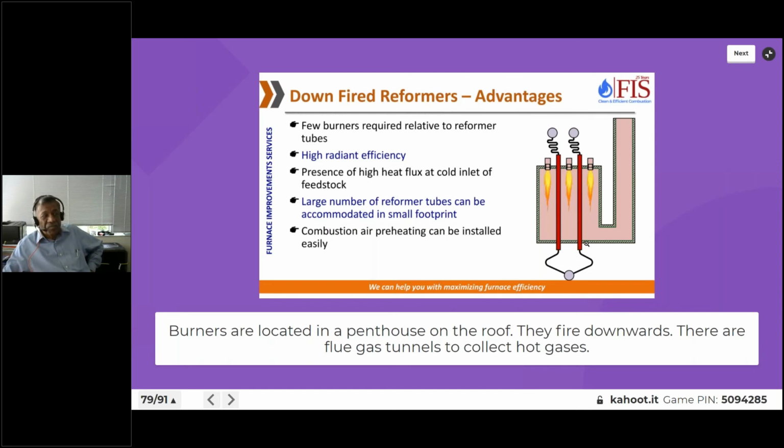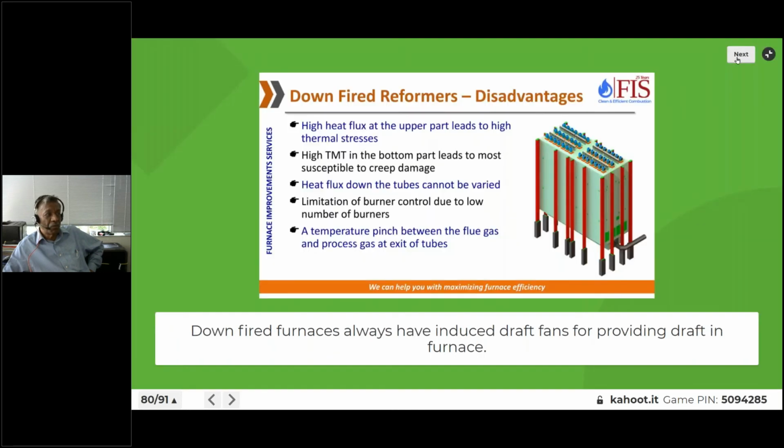However, in my experience, most of the problems occur in down-fired reformers, and we will talk in more detail in future webinars. But you get what you pay for, actually. If you are saving on the initial cost, you end up paying more.